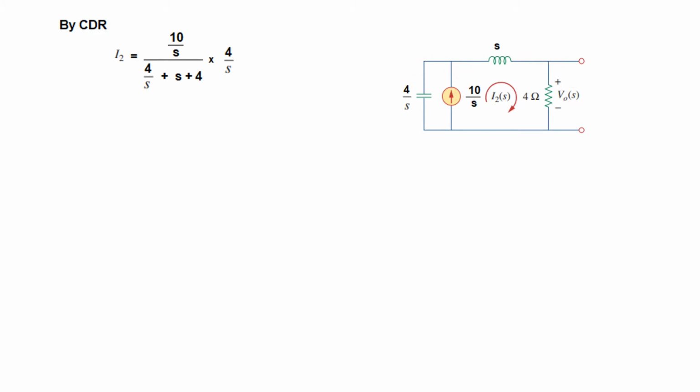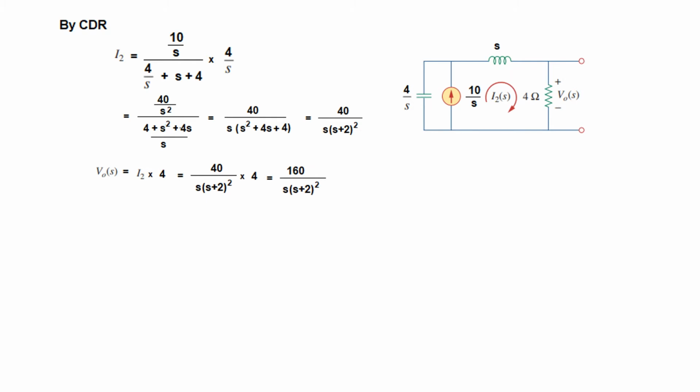So the total current 10 over s is divided by the total impedance, which is 4 over s plus 4 plus s, and multiplied by the impedance of the opposite arm, since we want the current in this arm, so 4 over s. I hope you can follow these steps. We have taken the LCM here and then simplified. So this is the simplified form of I₂.